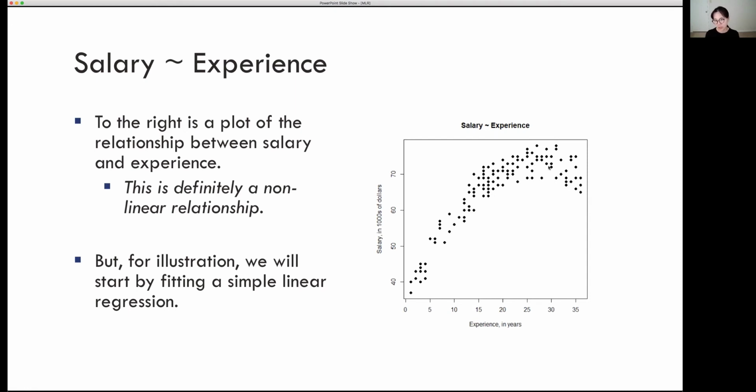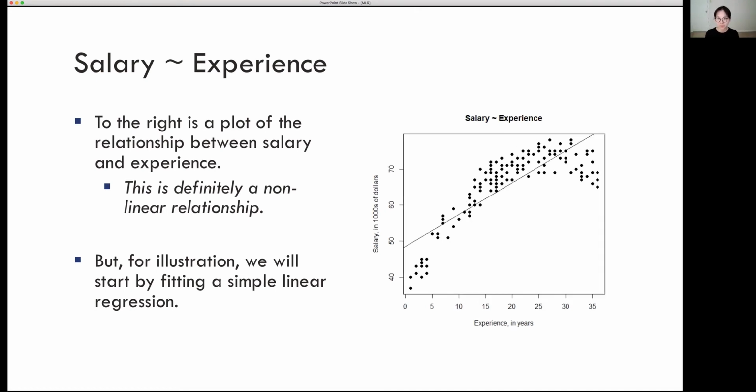We see this curve here. It's more like a quadratic thing. But for illustration, we will start by fitting a simple linear regression for comparison with polynomial regression. So this is what the linear regression looks like. This is our straight line. It does not fit well, apparently.